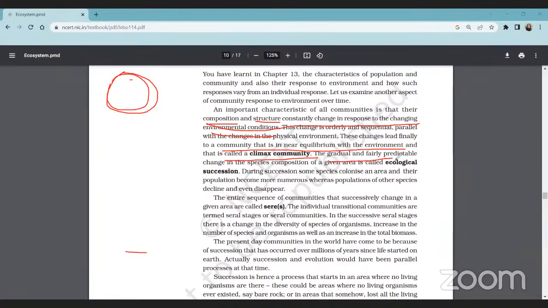The gradual and fairly predictable change in the species composition of a given area is called ecological succession.